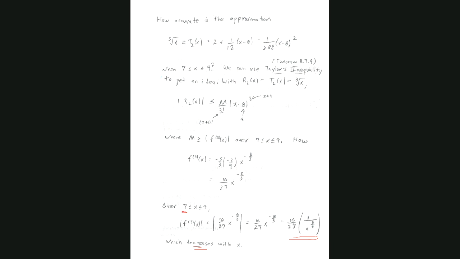If your n plus first derivative is increasing with x, then you pick the right endpoint, and your M will equal the n plus first derivative evaluated at the right endpoint, because that would be where your n plus first derivative is maximized. So that's generally how you find M.